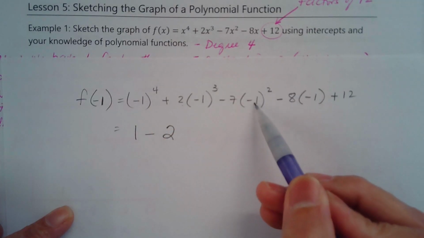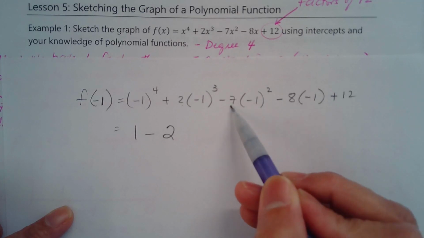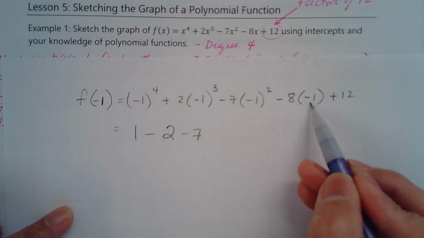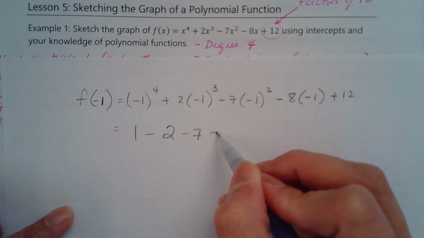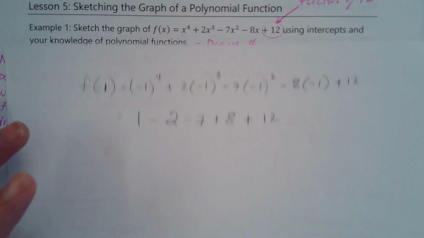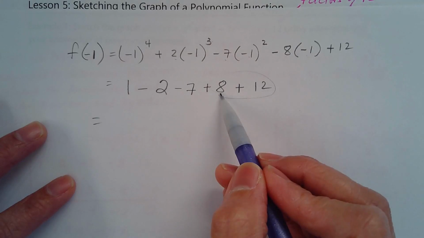Then -1 squared is +1, times 7 is -7. 8 times -1 is +8, plus 12. Okay, good. Let's add them up.